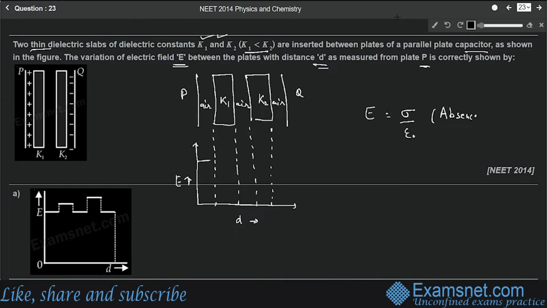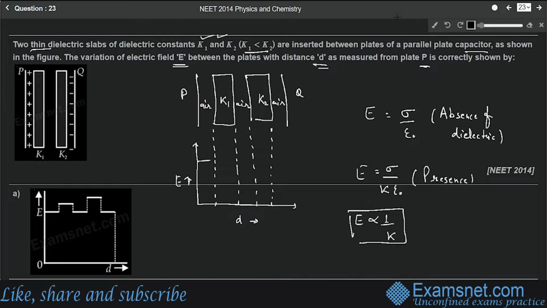But in the presence of dielectric medium, electric field is equal to sigma upon K epsilon naught. So we can say that the electric field is inversely proportional to the dielectric constant K. So if the dielectric medium is present, the electric field will decrease as compared to that in the air.